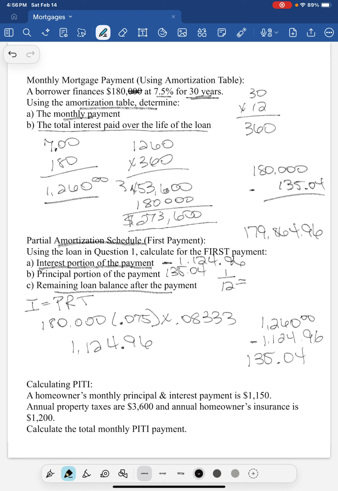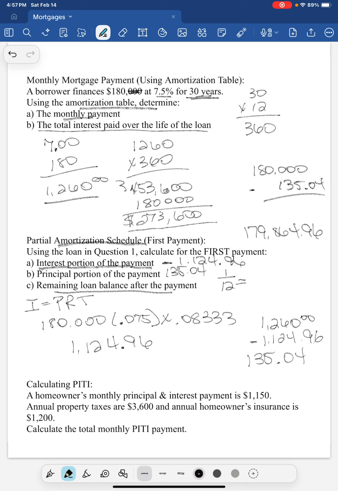Okay? Now, we're going to look at PITI. This is just an acronym for property taxes and insurance that go into your payment, because a lot of times a bank will not loan you the money for a house unless you incorporate a tax escrow account and your home insurance into your payment, because they want to make sure that if they are financing your home, you keep all of that going.